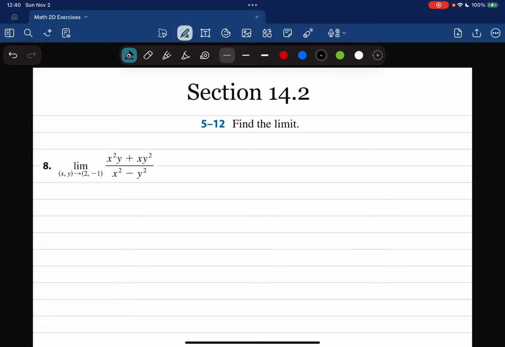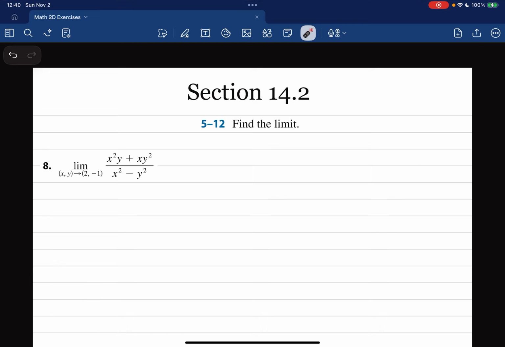So, okay, how do we evaluate this? Well, one thing we can try is, okay, we have this function, and we're taking the limit as (x, y) goes to (2, -1).